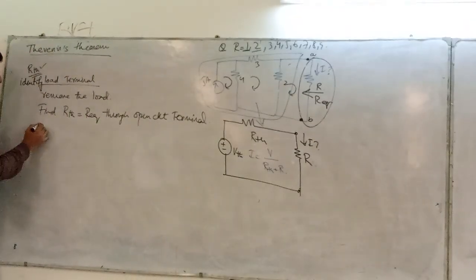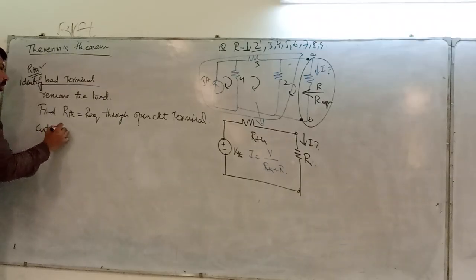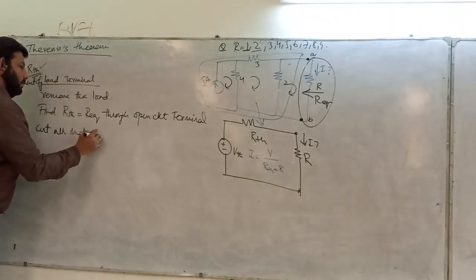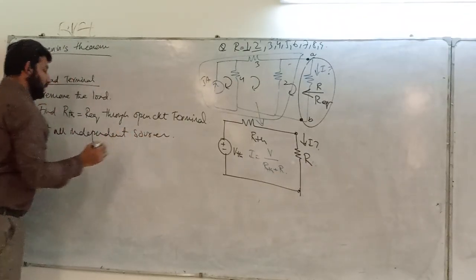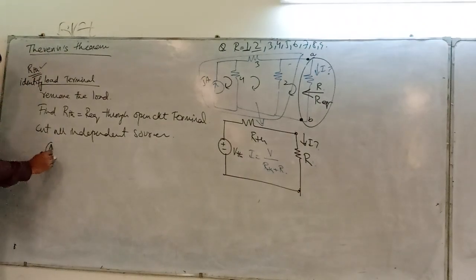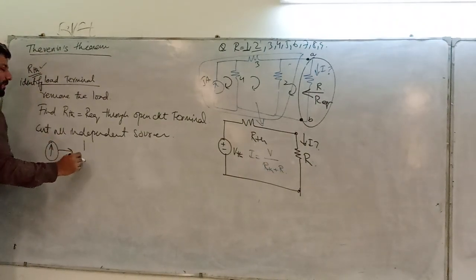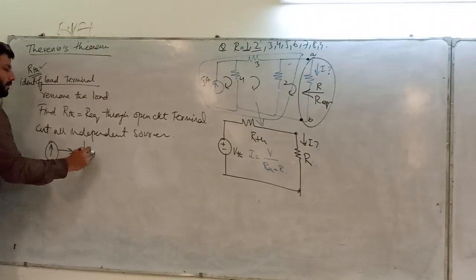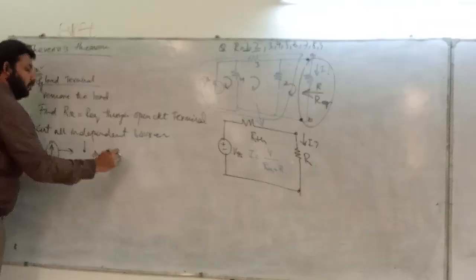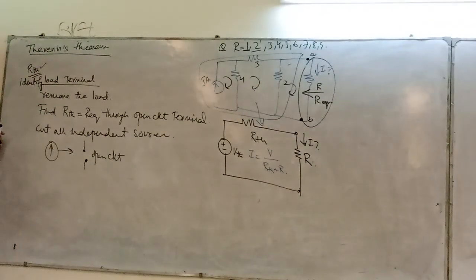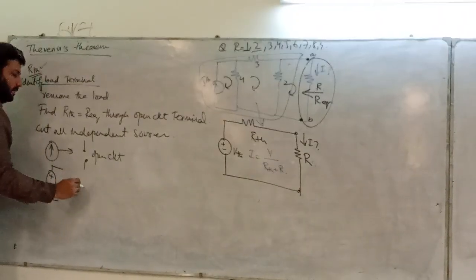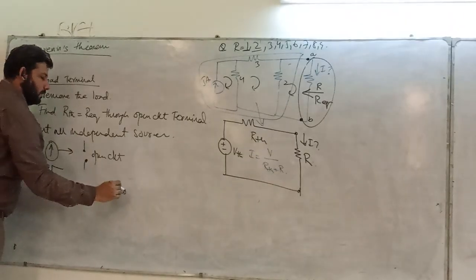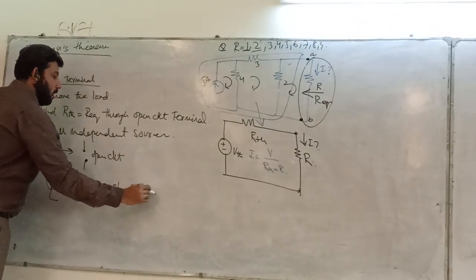So you need to cut all independent sources. How? A current source is replaced by an open circuit, we did this in source transformation, and a voltage source is replaced by a short circuit. Okay.